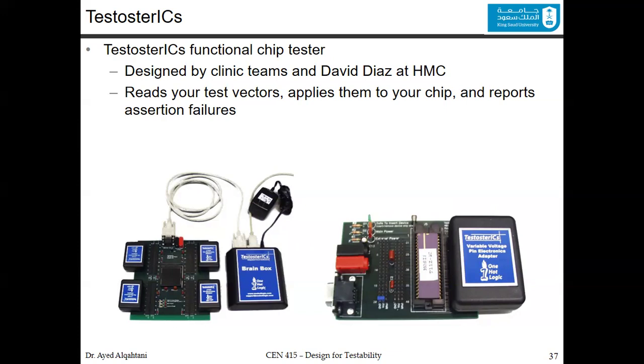This is just one hardware tool that could help you do the test for you. It's from Testostar IC. The Testostar IC has a brain box where you can have 4 at the same time, or you have this one. And there are many other examples.